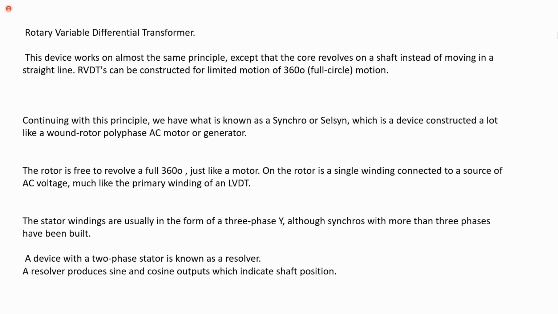Rotary variable differential transformer. This device works on almost the same principle, except the core revolves on a shaft instead of moving in a straight line. RVDT can be constructed for limited motion up to 360 degrees. So we have another device called the rotary variable differential transformer, and here the core will move angularly. The core will move in a circular path instead of moving left and right or top and bottom in a linear pattern.